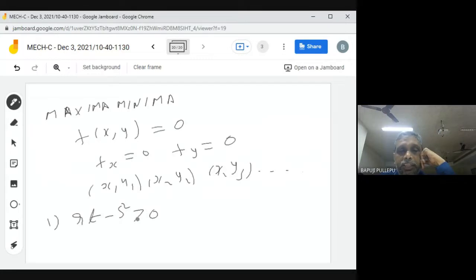If it is greater than 0, next I will check R. If R is greater than 0, then t is also greater than 0. So the function attains a minimum. That is, f(x,y) is the minimum value at that point. Clear?